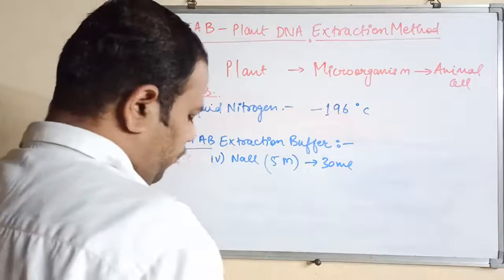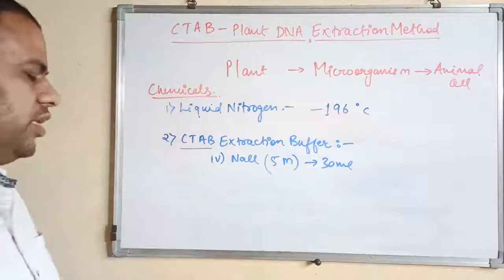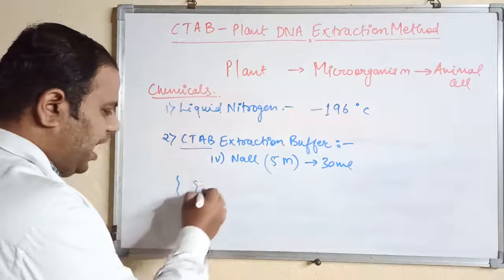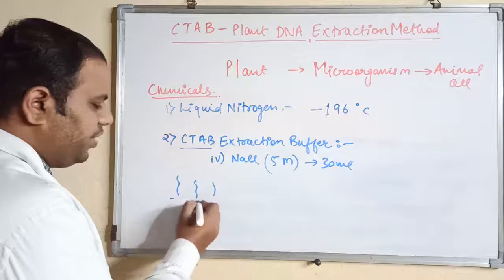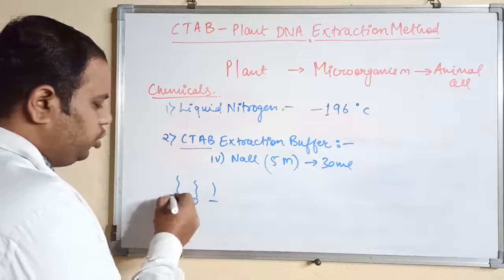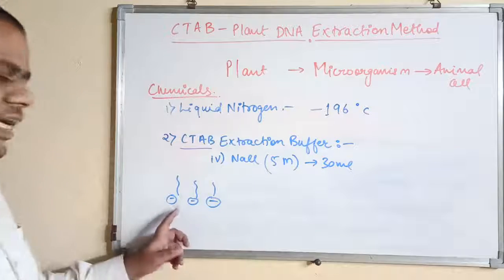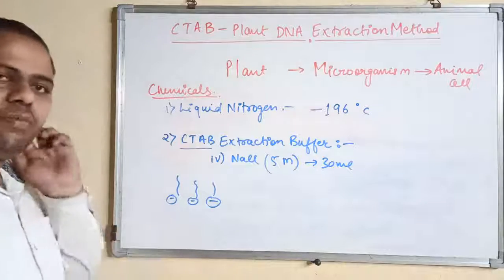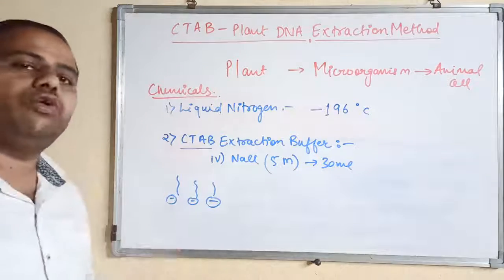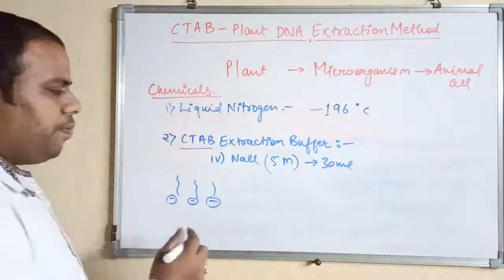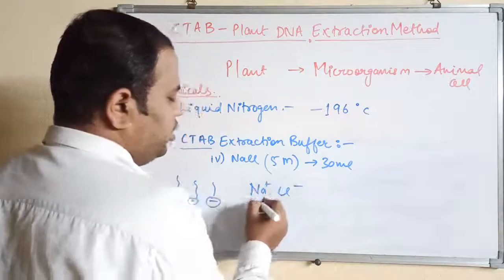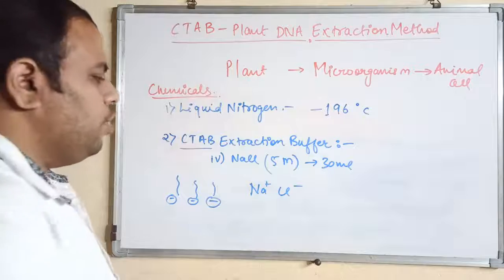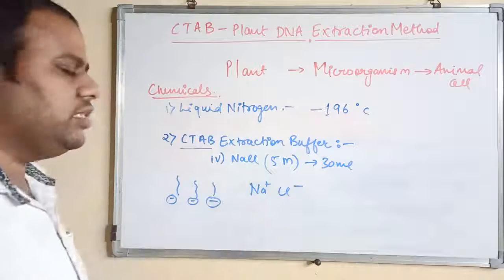The role of NaCl here, sodium ion: the DNA has the phosphate backbone, and each phosphate has a negative charge. Due to this, the negative charge is repelling the DNA molecules, so the DNA is not able to precipitate. When you add sodium chloride in solution, this salt dissociates, forming a Na positive ion and a Cl negative ion.